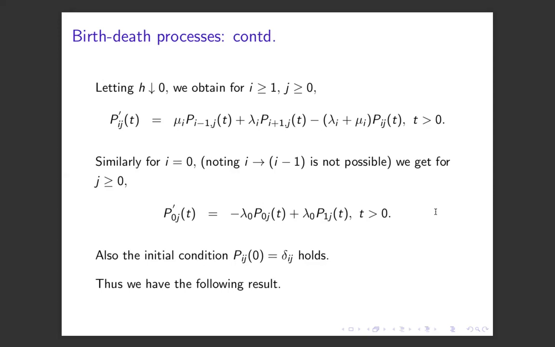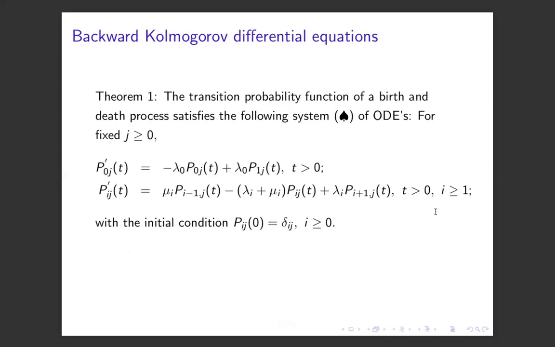So we have the following important result. This theorem says the transition probability function of the birth death process satisfies the following system of ODEs. This system we denote by spade.